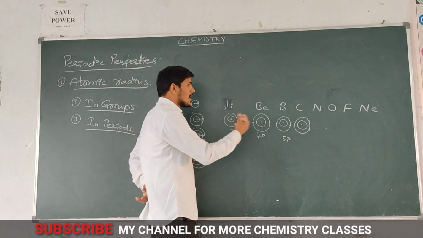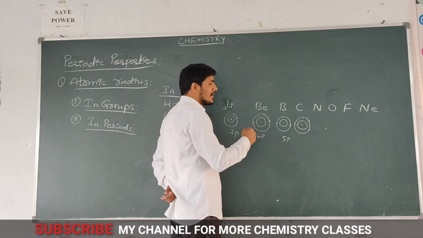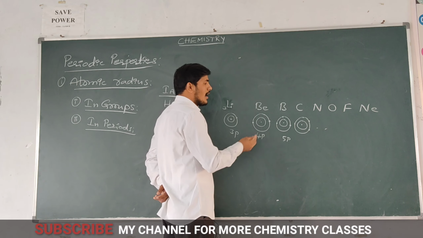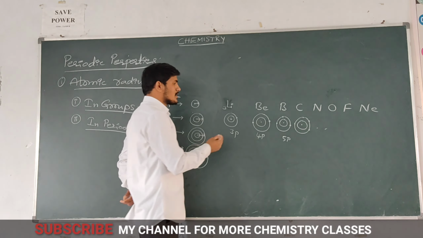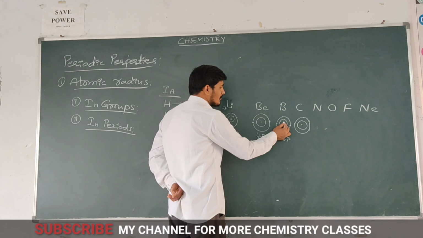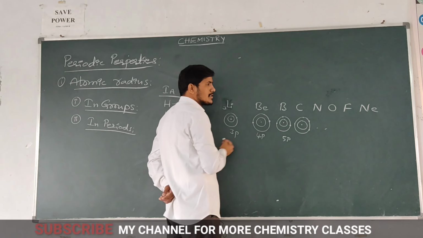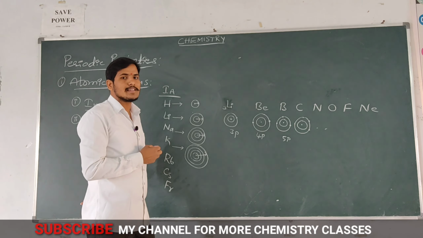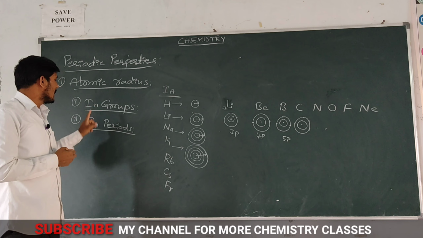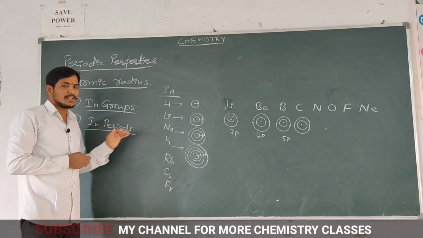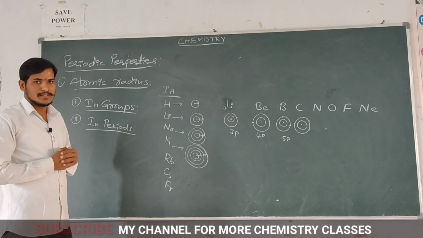The number of electrons in the outermost shell increases, and the number of protons in the nucleus increases. So the attraction towards the nucleus increases, which decreases the size of the atom. That's why, when we move from left to right in the periodic table, atomic radius decreases.